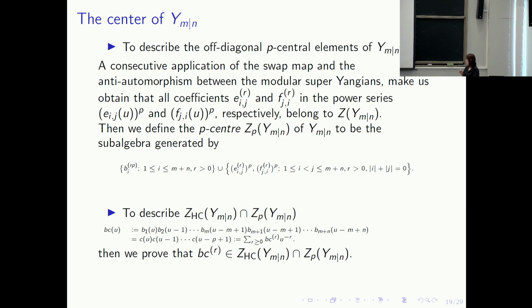In order to describe the intersection of the Harish-Chandra center and the diagonal p-central elements, we give a formal power series BC mu, and we can prove that its coefficients belong to the intersection of the Harish-Chandra center and diagonal p-central elements.